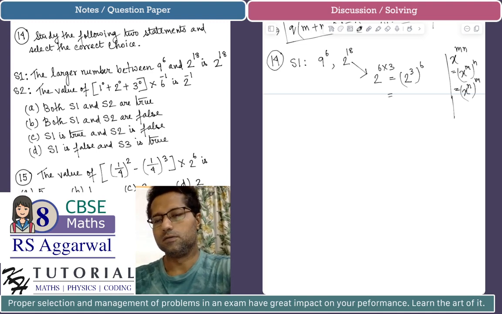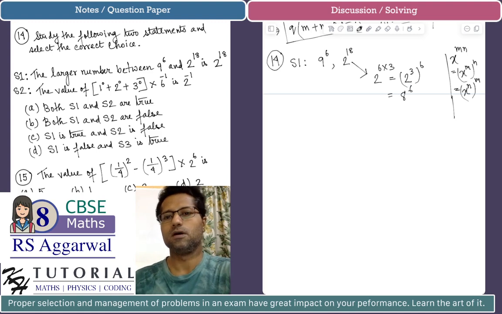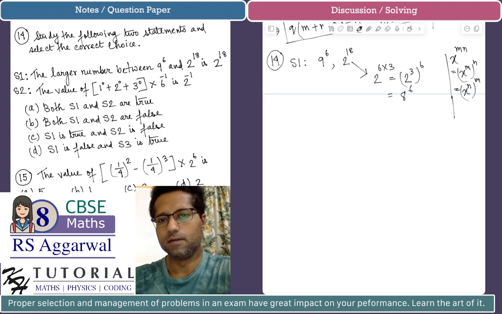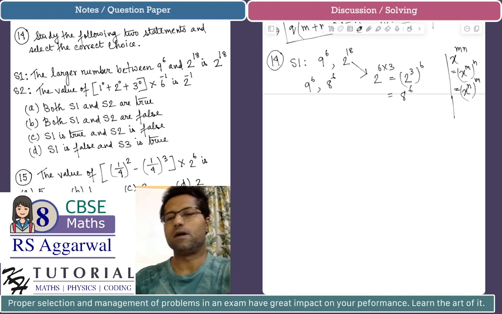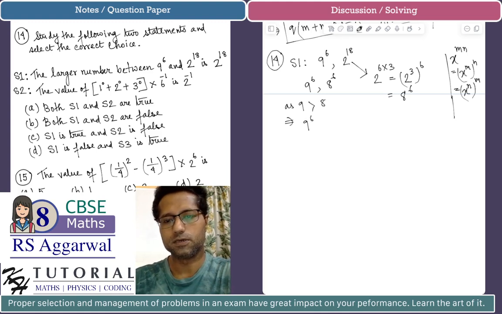So 2 to the power 18 we have expressed as 2 cube whole raised to the power 6. Now what is 2 cube? 8 to the power 6. Now we see that the numbers are 9 to the power 6 and 8 to the power 6. The powers are the same, and as 9 is greater than 8, 9 to the power 6 is greater than 8 to the power 6.